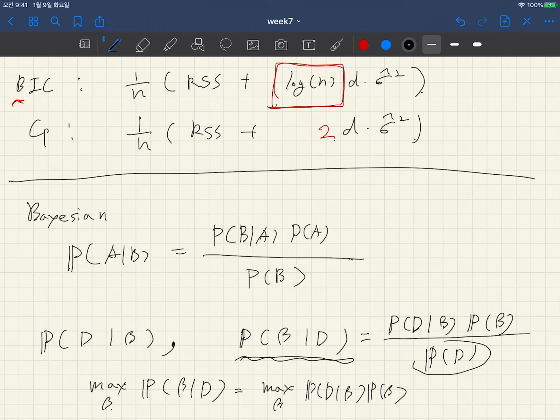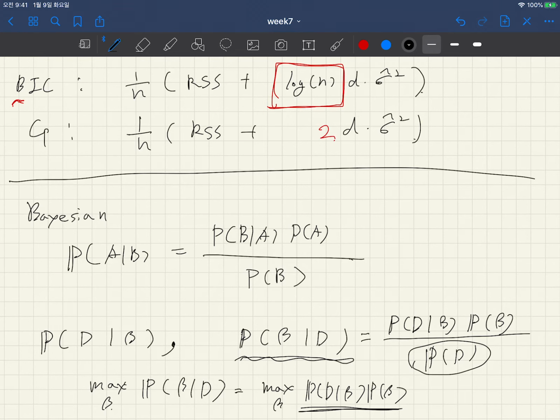Because this denominator is always the same for every model, because this is the probability of your observed data and this is given. Our data is given, so whatever you choose for the model, this probability is always the same. So we just need to consider this part.